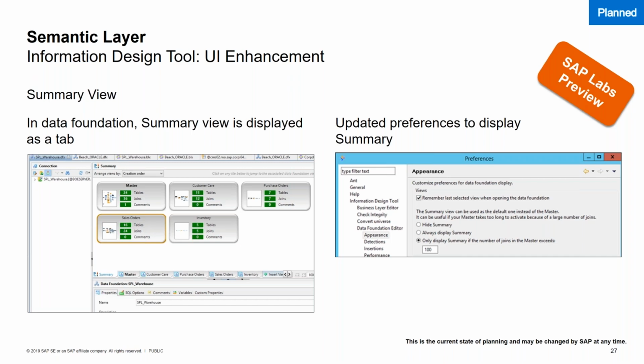You get a nice tile that lets you choose which data foundation you would like to open and consume. So we propose a kind of master view or overview of the different data foundations at your disposal, and you just have to click on one in order to open it. The way the tile and the summary view behave can be fine-tuned via some settings in the IDT preferences.